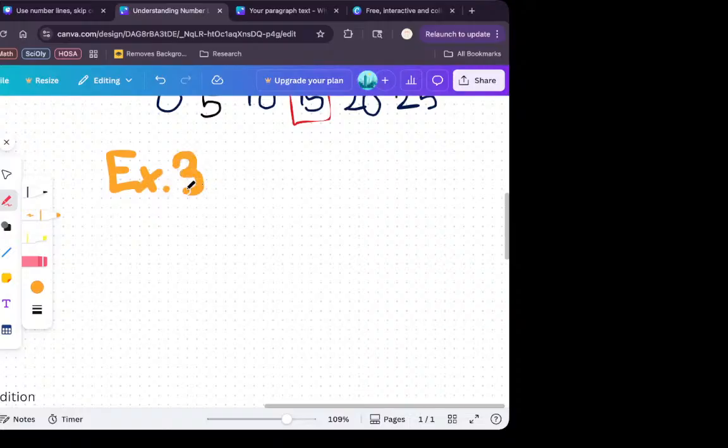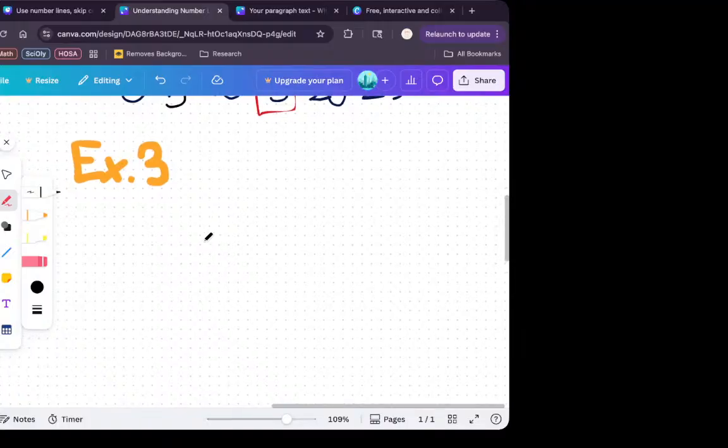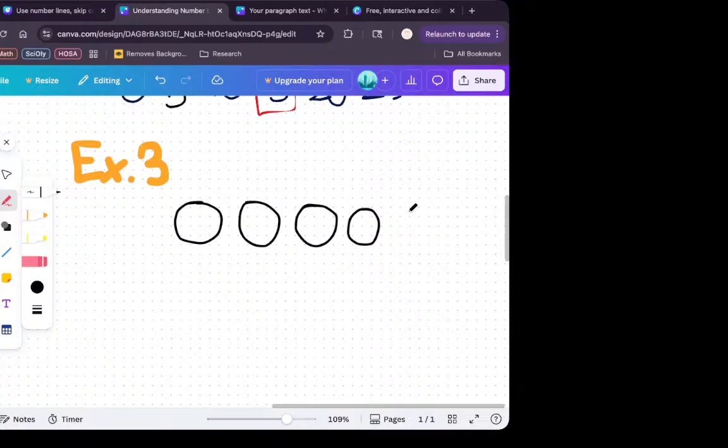Okay, here's example 3. I have 5 jars. In each jar, I had 4 coins.